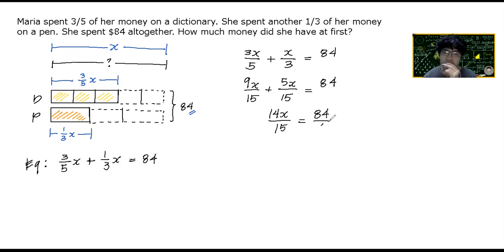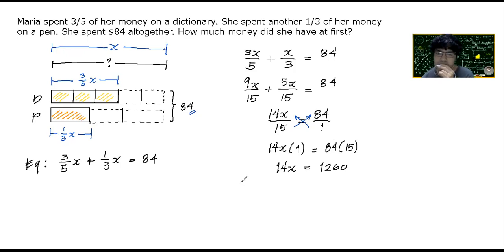Now, what will happen here? We may use cross multiplication. So 14x multiplied by 1 equals 84 multiplied by 15. Multiplying these numbers, 14x equals 1260.